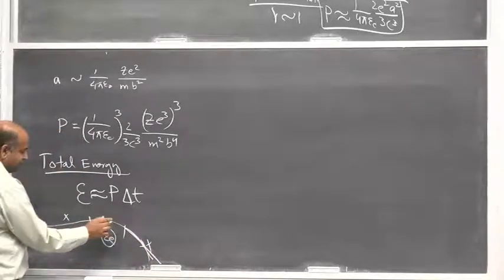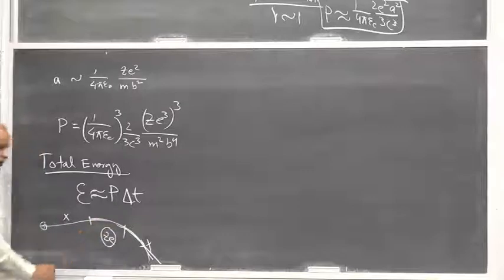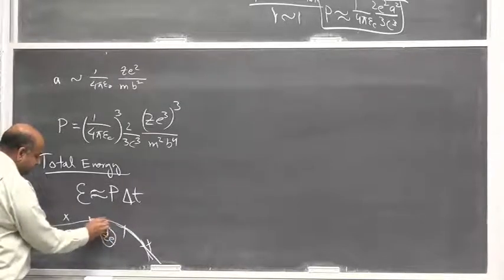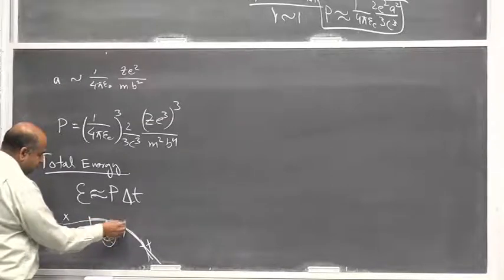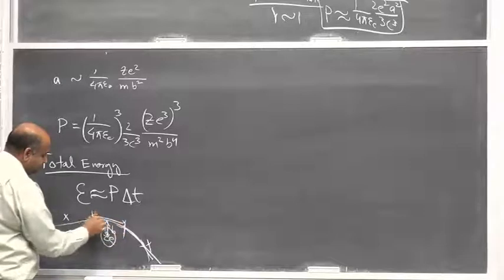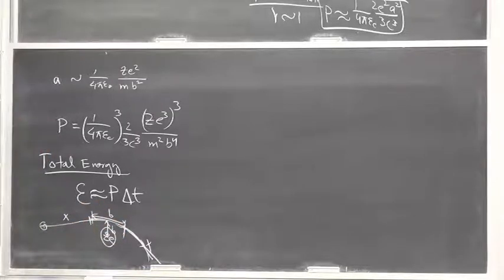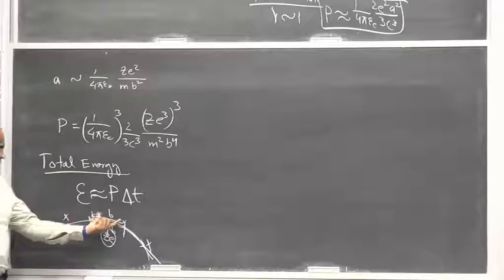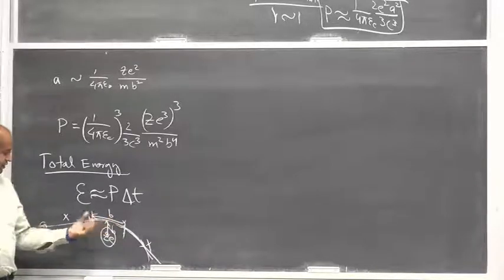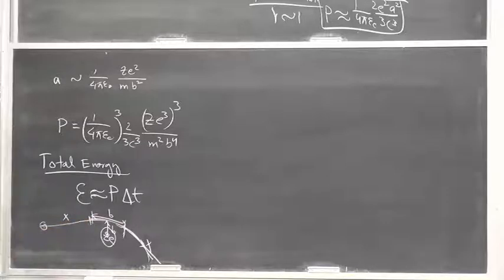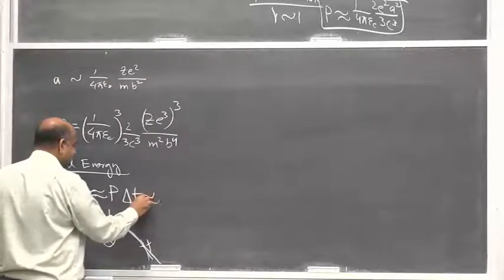The radiation only occurs when this is nearby. और अगर ये distance जो है let's say b, then roughly we can approximate this distance as well with b. During this distance, the particle feels an appreciable acceleration.